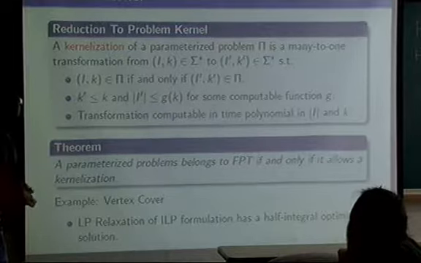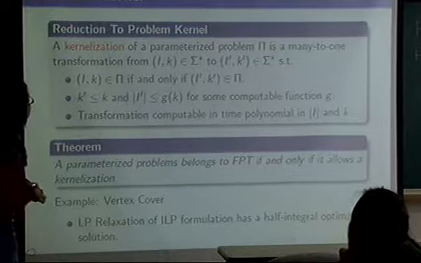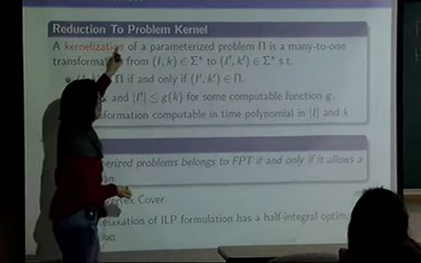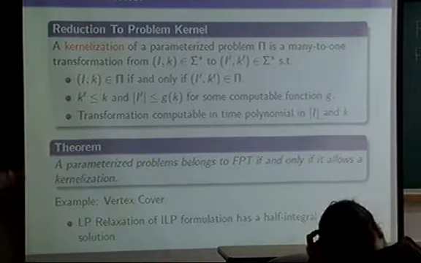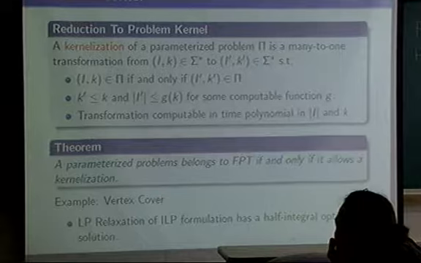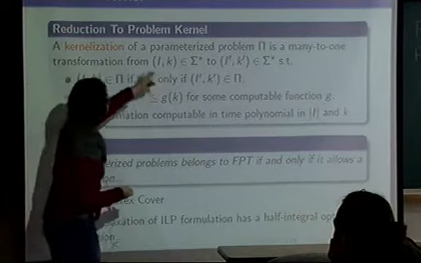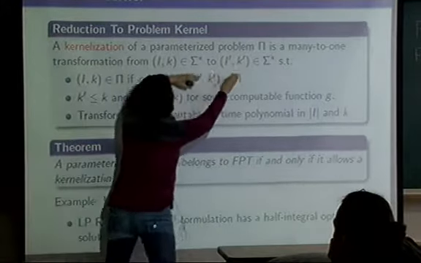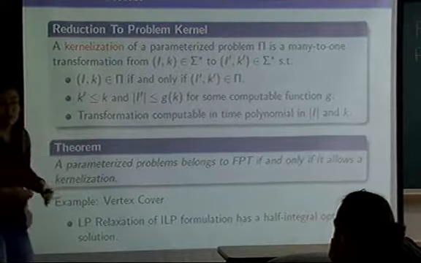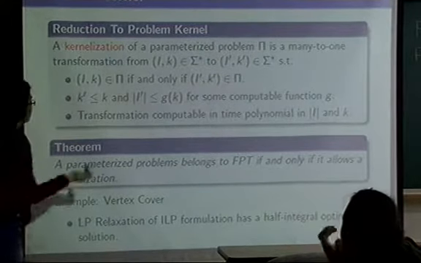Another thing we need to know about FPT is a concept called kernelization. It's similar to the polynomial transformation in classic computational complexity theory. It's a transformation from an instance to an instance that satisfies a similar condition as the polynomial transformation.